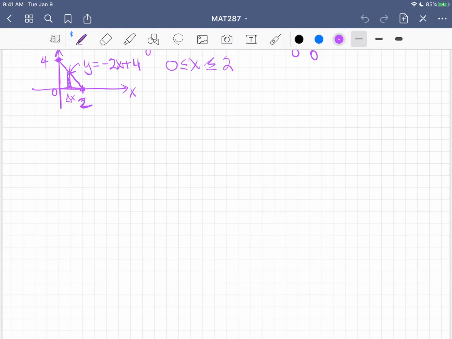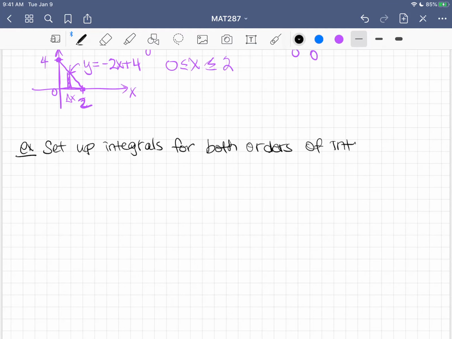Okay, so let's switch back to black. Here we go. I want to set up integrals for both orders of integration, and then do the more convenient one.